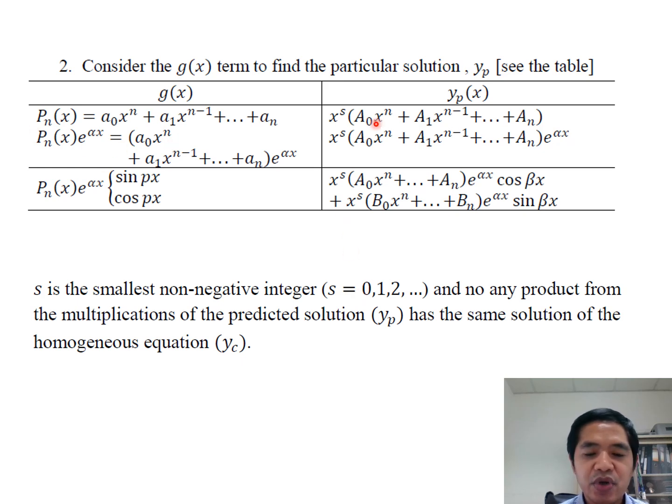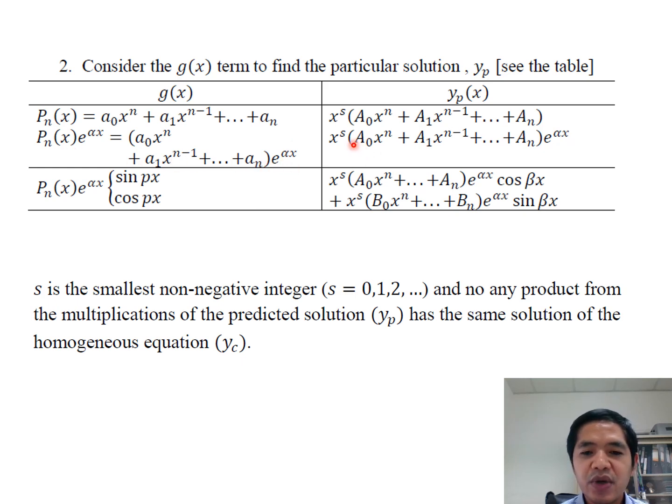Okay, and this is the polynomial, and it's the same thing with the exponential. The exponential form is g(x) equals a polynomial in x, a0 x to the n plus a1 x to the n minus 1 plus and so on, times e to the alpha x. The e to the alpha x is telling you that this is the exponential form.